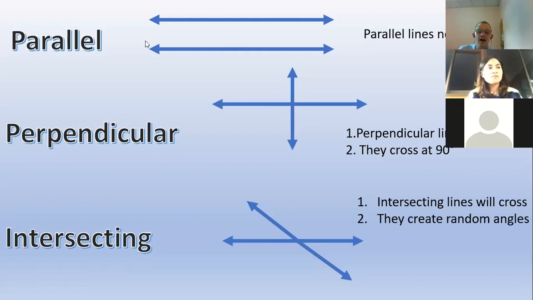These are lines that do not run parallel. They do cross, but they cross at random angles. So they do not have the same angle every time. The angles are different for intersecting.